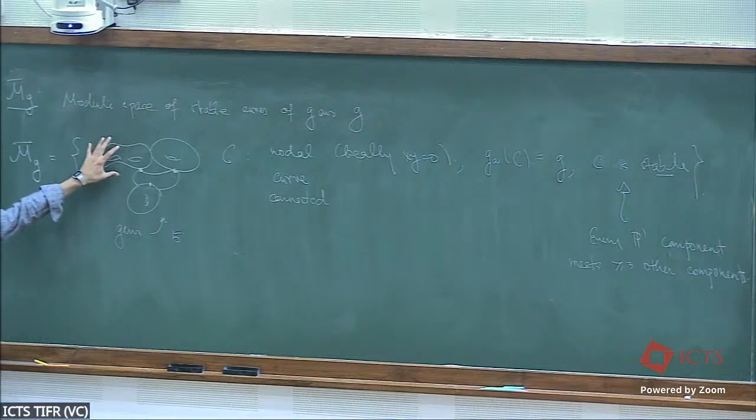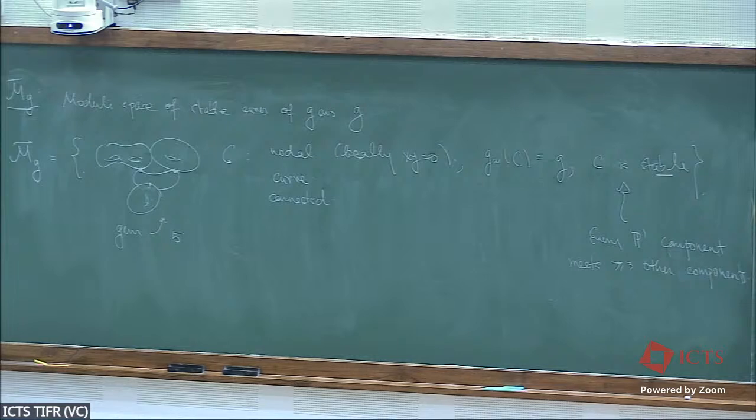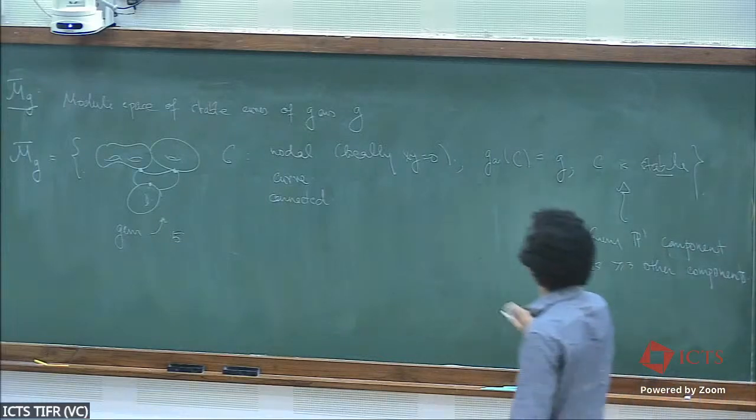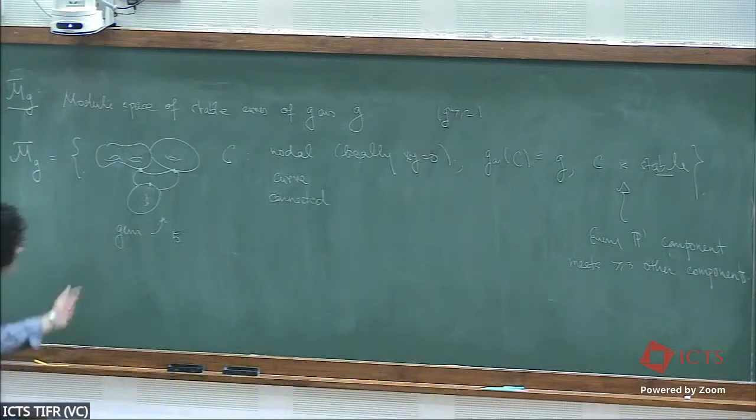Yeah, that doesn't come into it. Any other questions? It's kind of a crucial concept, so we should make sure we get this. Okay. Thank you. Yeah, that's right. g is still at least 2. Yeah, g is still at least 2, but I'm allowed P1s and elliptic curves inside. It's just the total genus has to be at least 2.